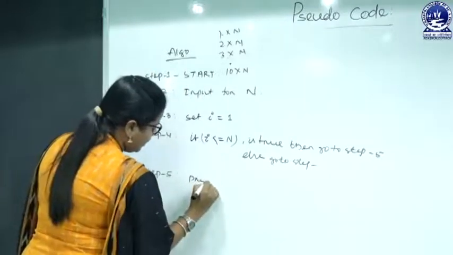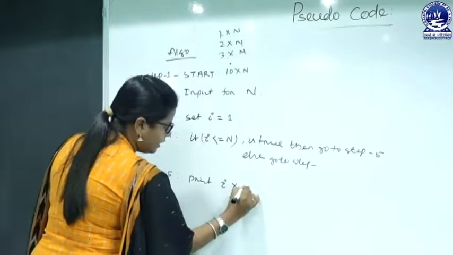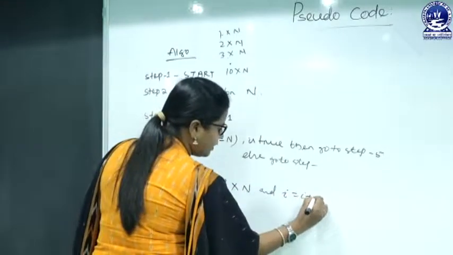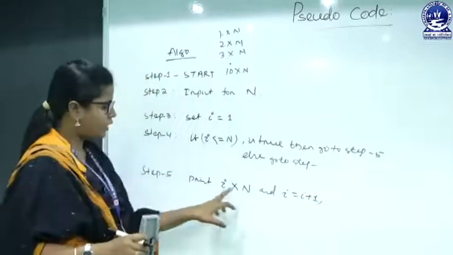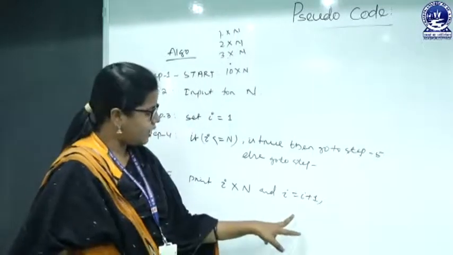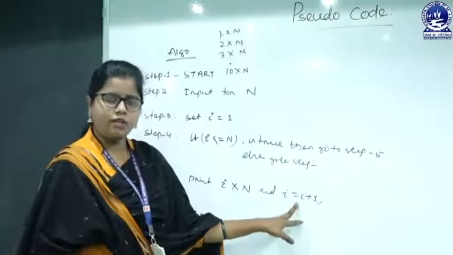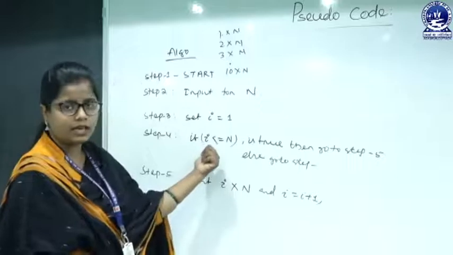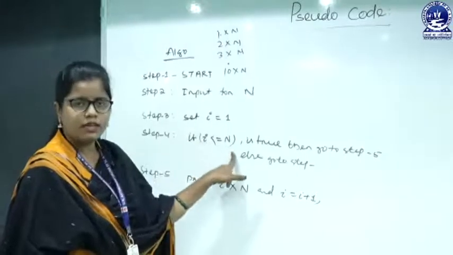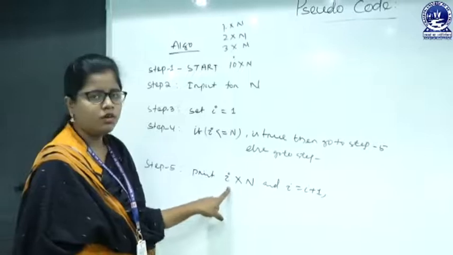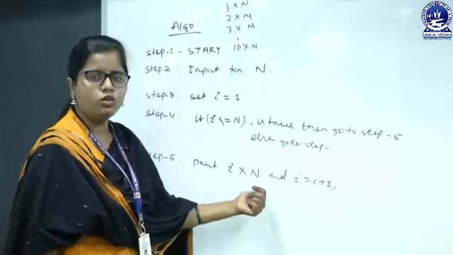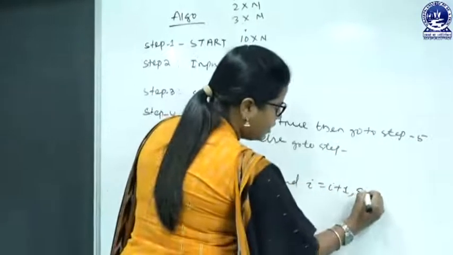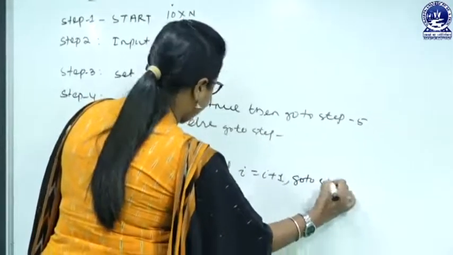So here we can write print I into n and I equals to I plus 1. 1 into n will get printed, then the I value will be incremented, I value will be 2, then we will check again the condition, 2 is less than equals to n or not, then we have to print the multiplication table 2 into n, then 3 into n up to 10 into n. So here we can go to step 4.